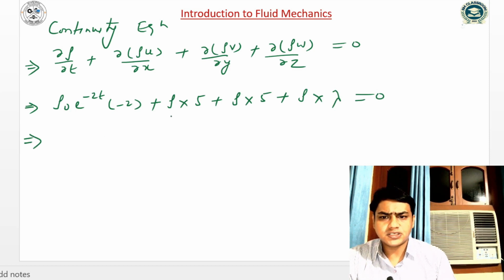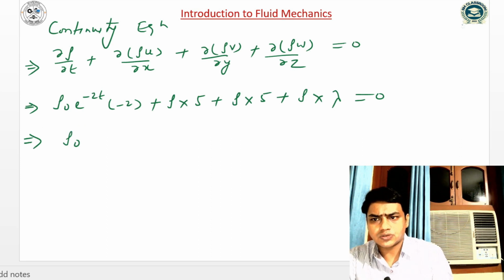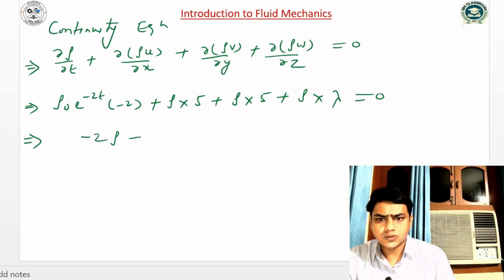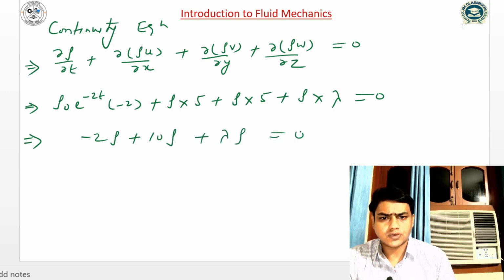Similarly, rho is equal to rho naught e to the power minus 2t. So if I take rho common, we can write minus 2 rho plus 5 and 5, 10 rho, plus lambda into rho is equal to 0.